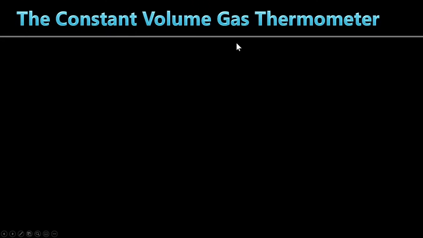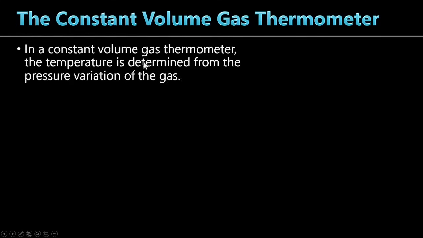From the name itself, nung thermometer, we may realize that this thermometer makes use of a gas which is maintained at a constant volume. So, in a constant volume gas thermometer, the temperature is determined from the pressure variation of the gas. Oh, so that's it.